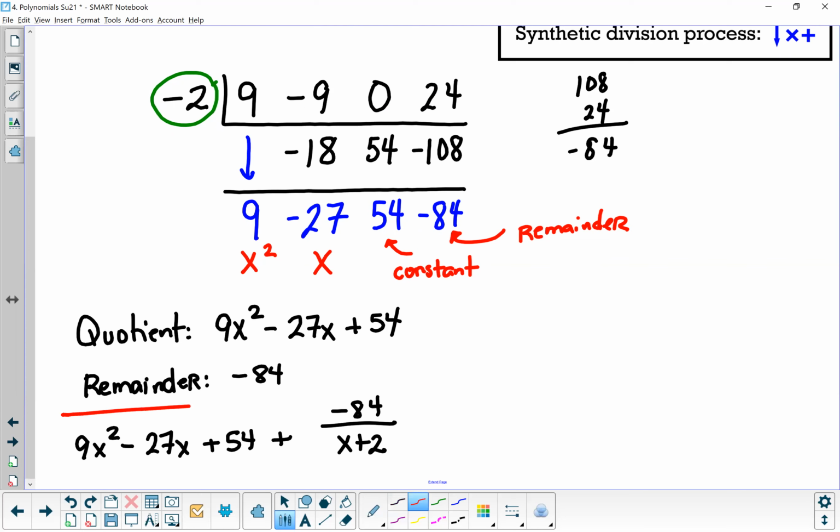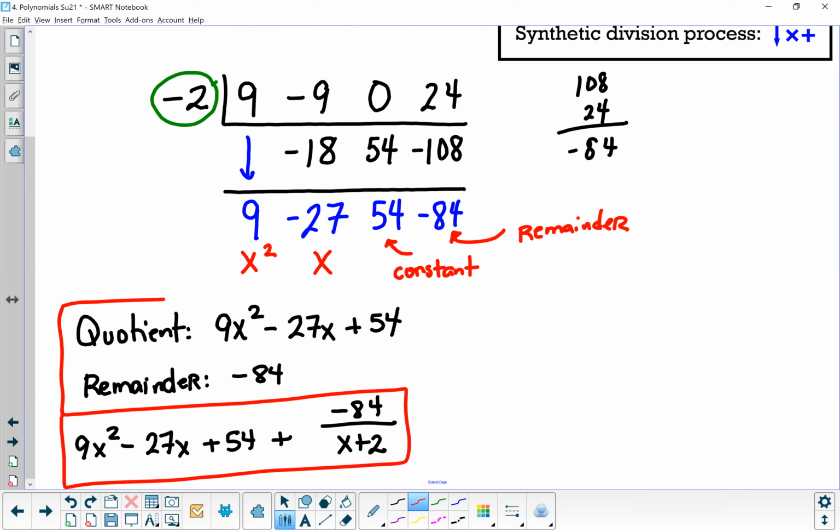Okay, so you either write the second part as your answer or the first part, depending on what's asked.